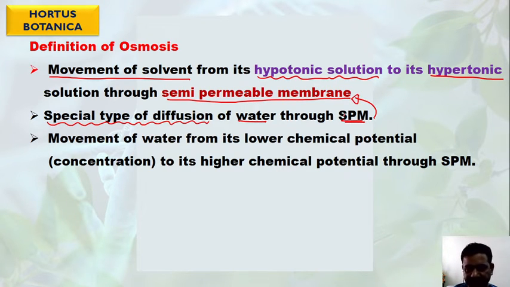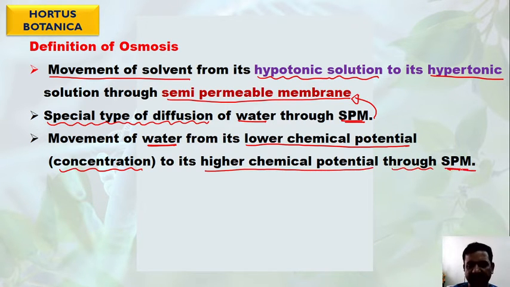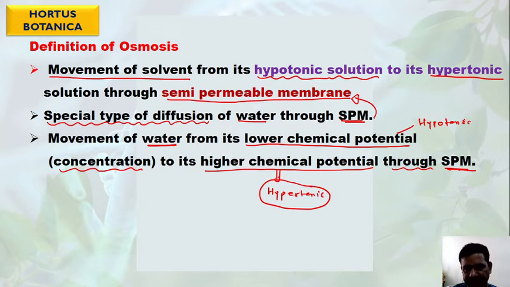This is also a movement of water from low chemical potential, that is concentration, to high chemical potential, through a semi-permeable membrane. If there is high chemical potential, it is supposed to be the hypertonic solution. This is your definition in NCERT. And low means this is your hypotonic solution. So from the hypotonic to the hypertonic solution, how they move, this is osmosis, right?